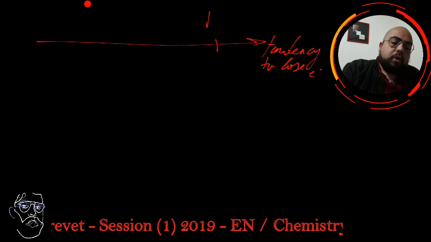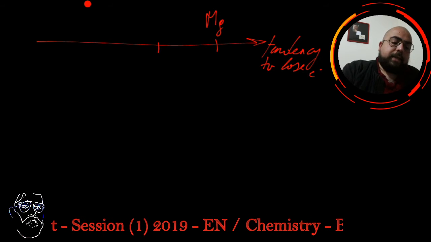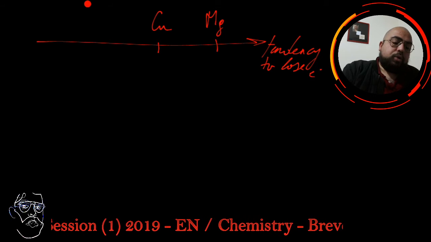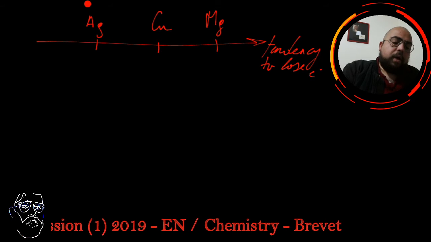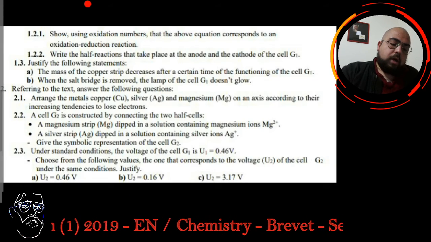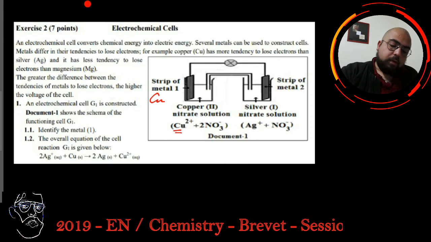The metal which has the highest tendency is Mg, and then you have the copper, which is less than Mg, and finally you have Ag, silver.